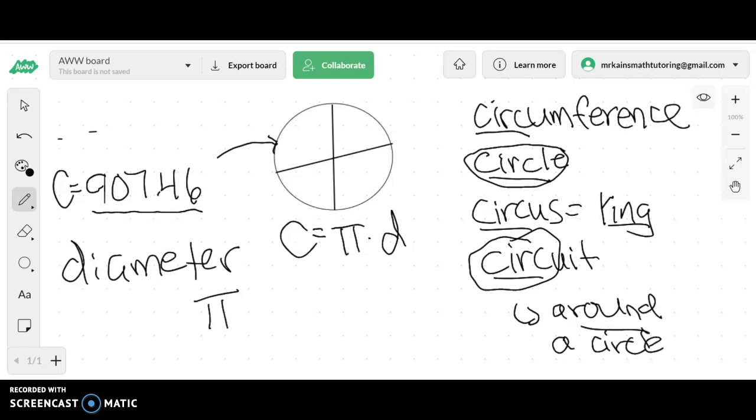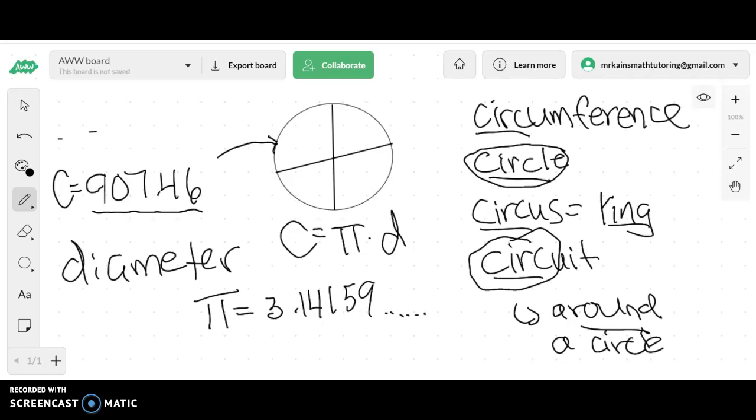Put the symbol for pi. It is 3.14159, and there's several other numbers, because here's the thing about pi. It continues on and on forever. It never ends. It never terminates is the fancy word for that. It never repeats either. So we also know that pi is an irrational number.